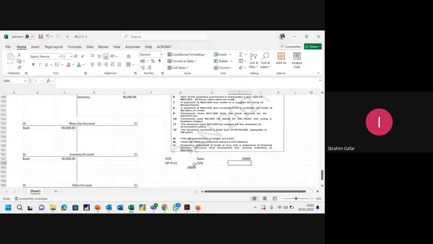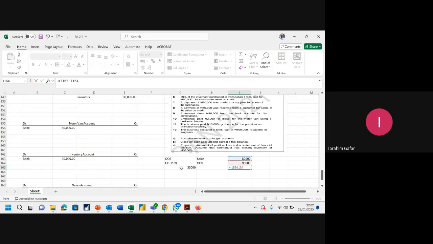But the value of that good, that inventory that you're selling for 50,000, is 30,000 naira. If you net it off, it will give you 20,000. This is your gross profit.